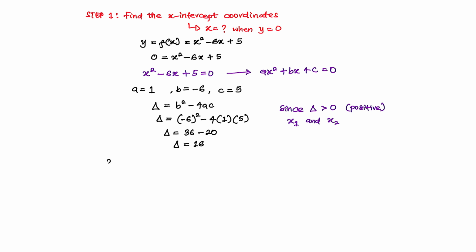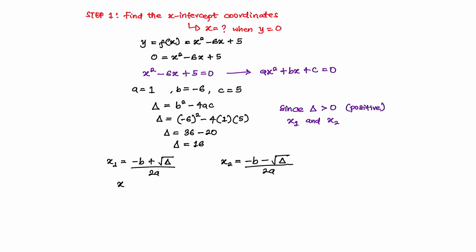So x1, the first x, equals minus b plus the square root of delta divided by 2a, and x2 equals minus b minus the square root of delta divided by 2a.